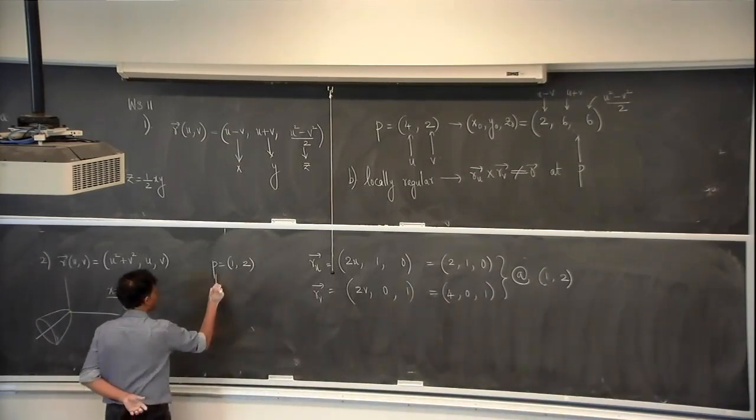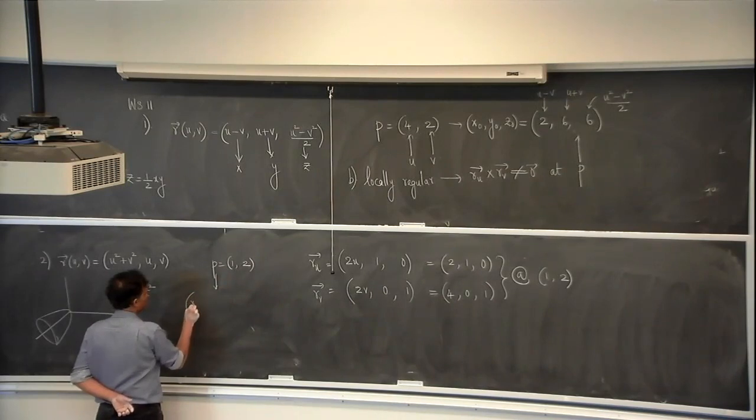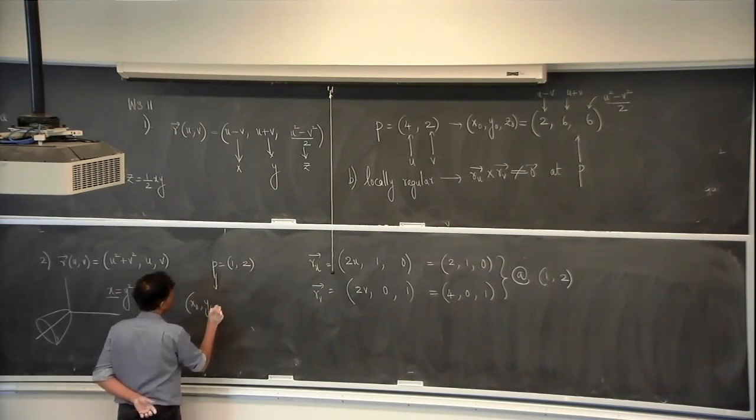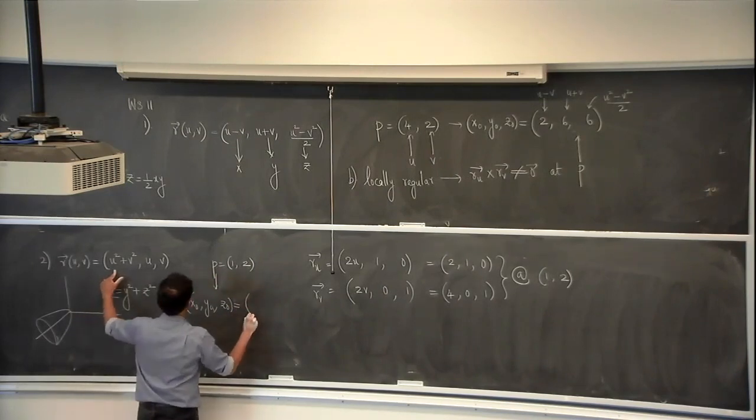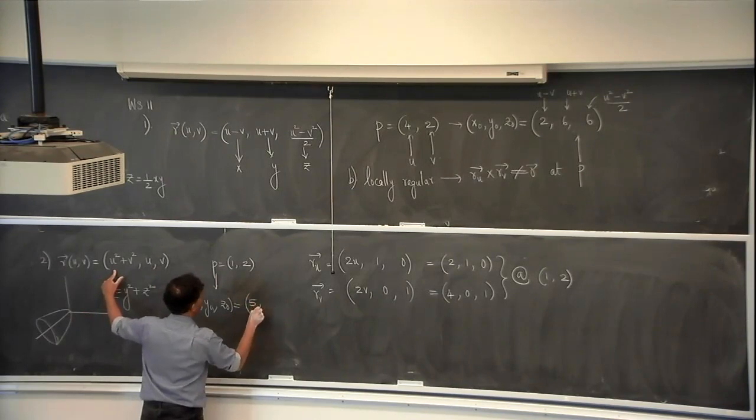And don't forget that this corresponds to x naught, y naught, z naught equal to 5, 1, 2.